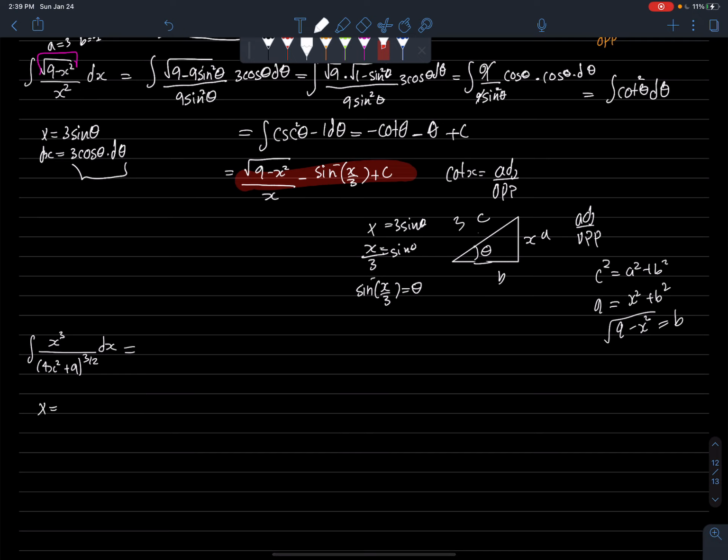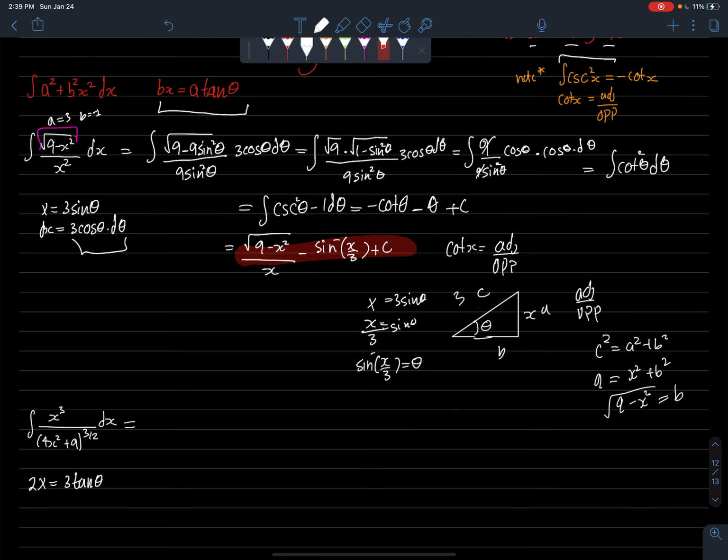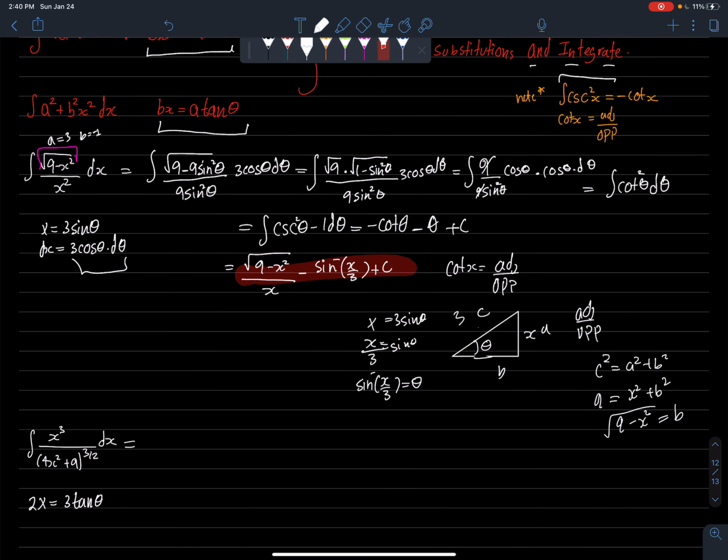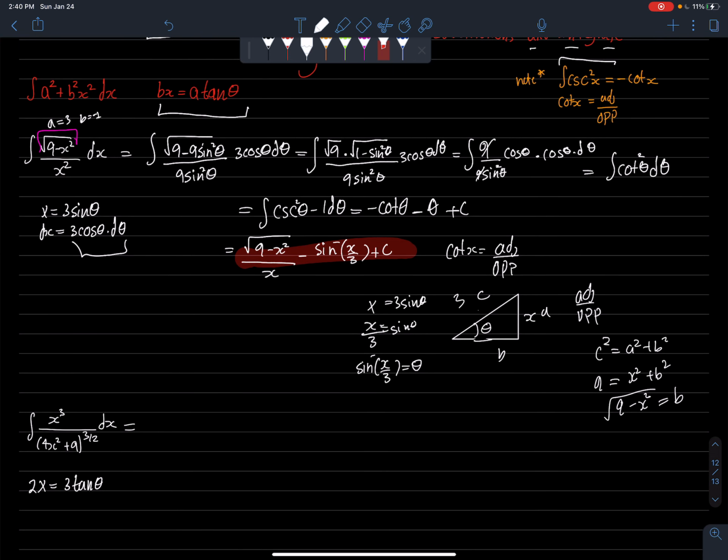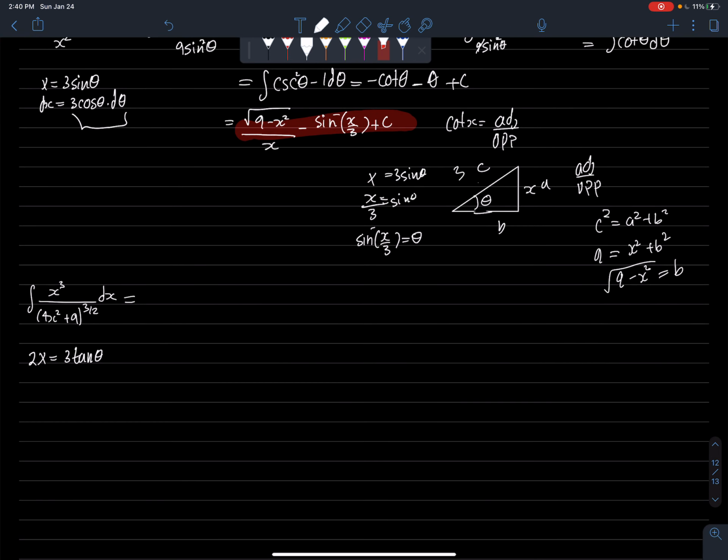So our 2x will equal 3 tan theta, right? Yep. So let's take the derivative. 2 dx equals 3 secant squared theta d theta.